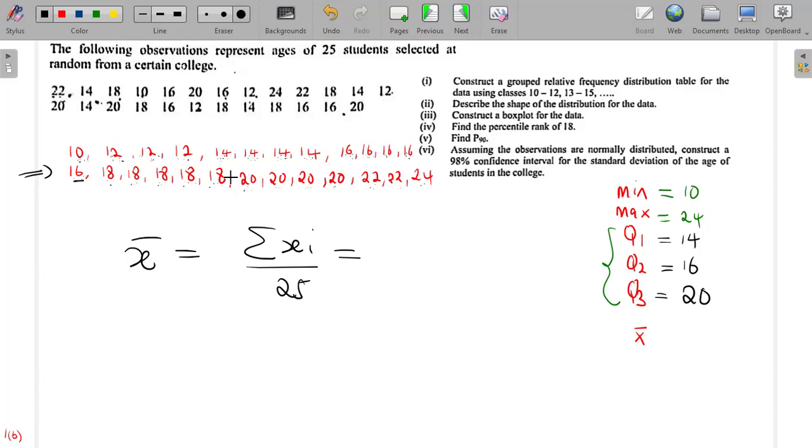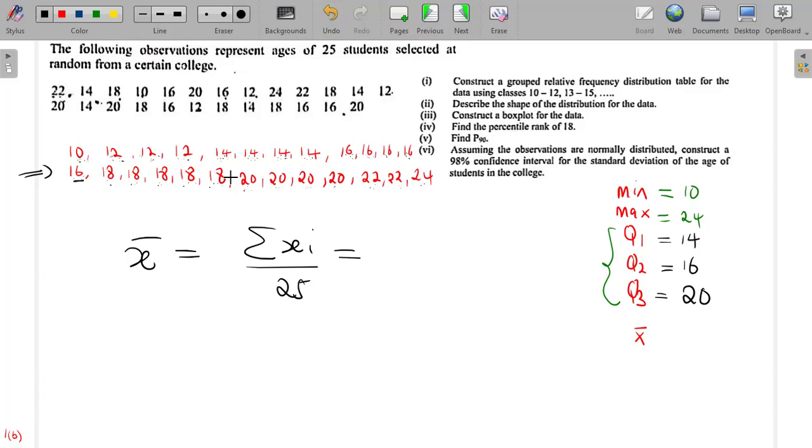Okay, how many 12s are there? 3 plus 4 14s, plus 5 16s, plus 5 18s, plus 4 20s, plus 22 plus 22 plus 24.